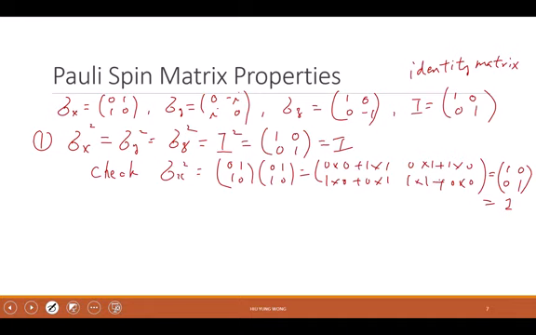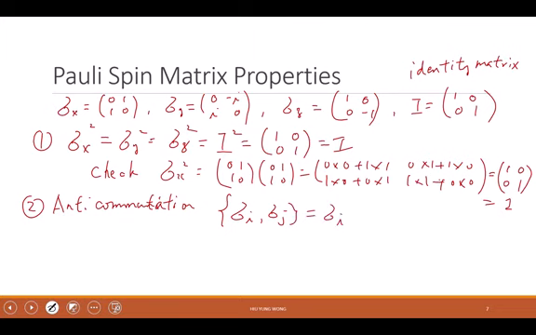Okay. The second property I want to talk about, so I want you to memorize this, is the so-called anti-commutation. What does it mean? This is the property: the anti-commutator of sigma i and sigma j, written with curly braces, equals sigma i sigma j plus sigma j sigma i, and it equals 2I delta ij.